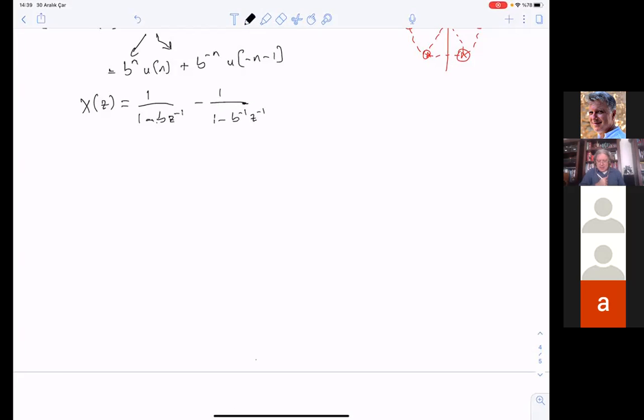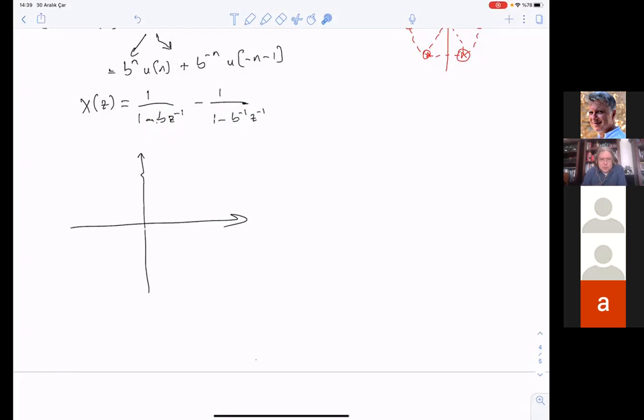Now, what is the region of convergence? You may try to combine these two expressions and simplify it a little bit, but that's not the point here now. I'm more interested in the regions of convergences. First of all, we have two poles appearing. One of them is at z is equal to b, and the other one is at z is equal to 1 over b, or b inverse.